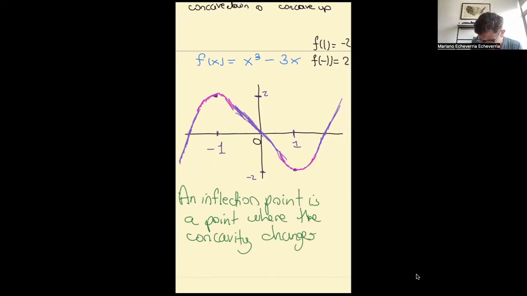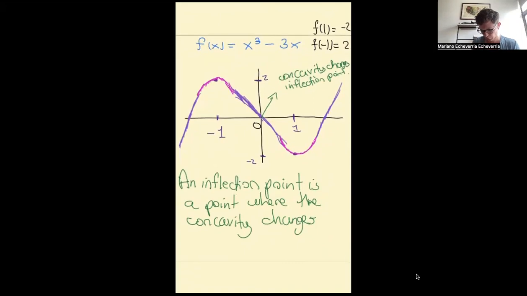So here, let me put concavity changes, so it's an inflection point. It's kind of like the version of critical points for the first derivative.